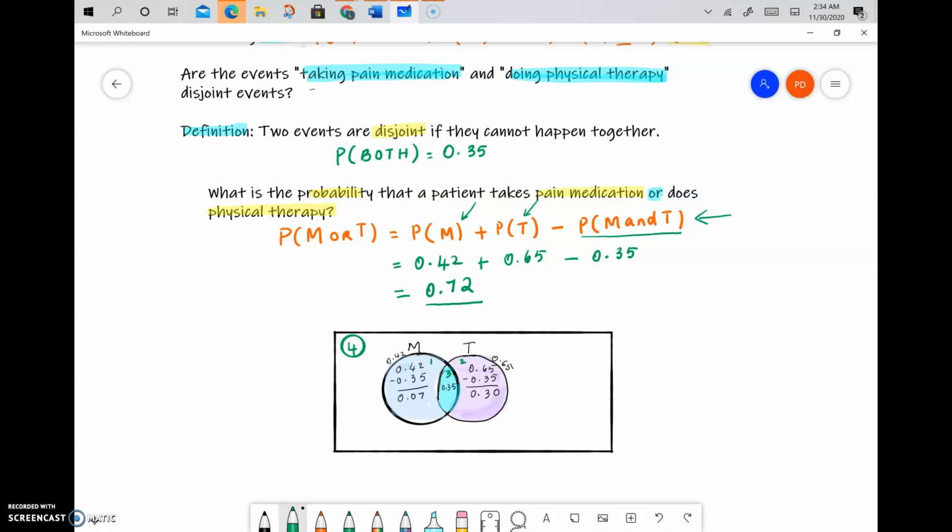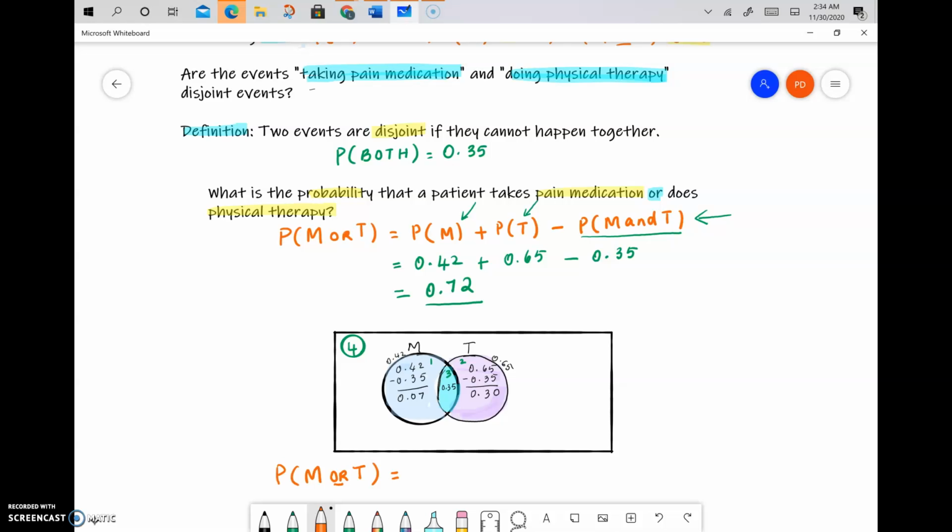So in this case, the probability that a patient takes medication, or remember that or has to include the overlap as well. Now here we are not using the addition rule. The addition rule takes care of the double counting by subtracting the overlap.